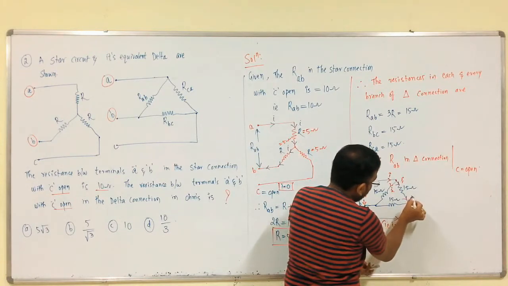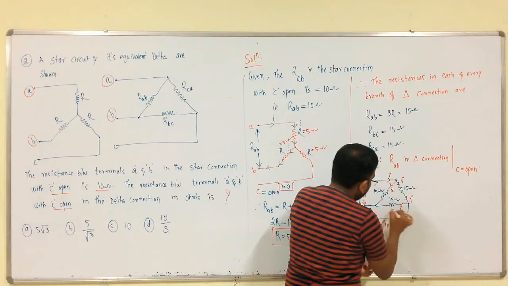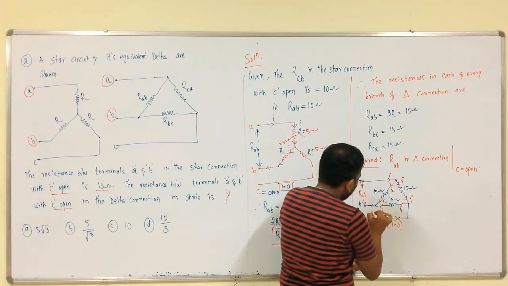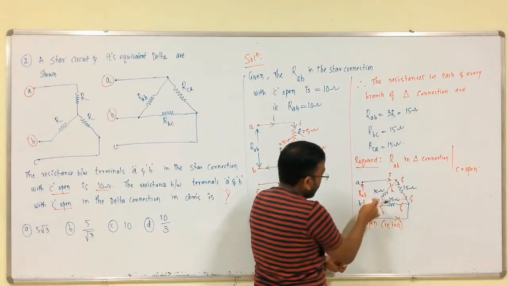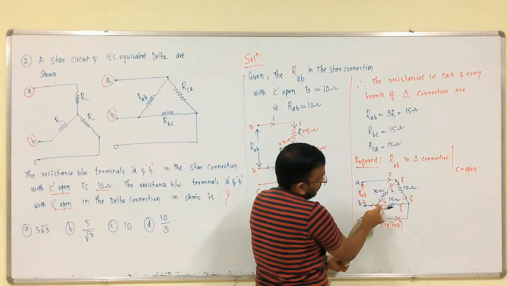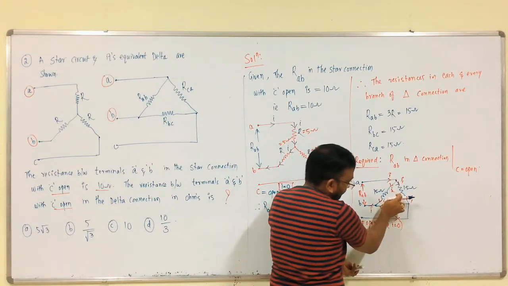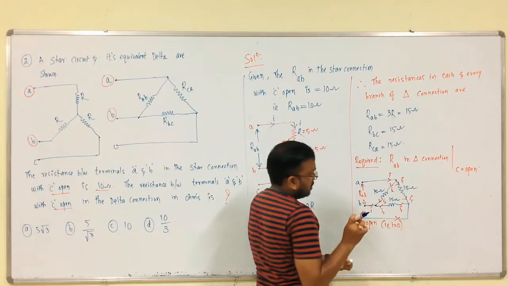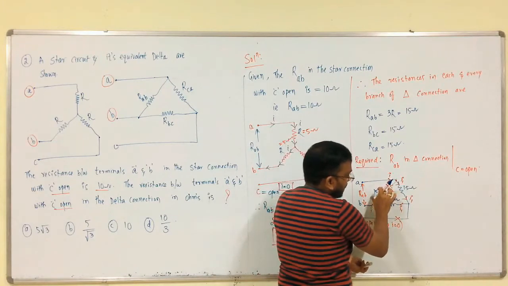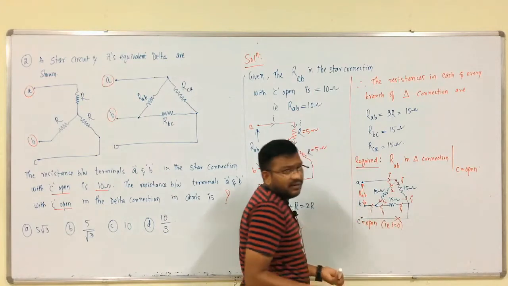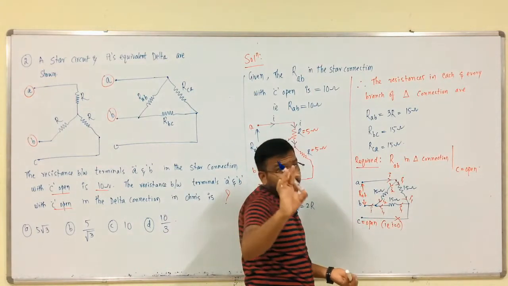Therefore, the total current entering is I, leaving is I, and the same current I 1 flows through both of these branches. Therefore, the 15 ohm branch is connected in parallel with the series combination of these two. We all know that. If we have any doubt, go through the previous class.